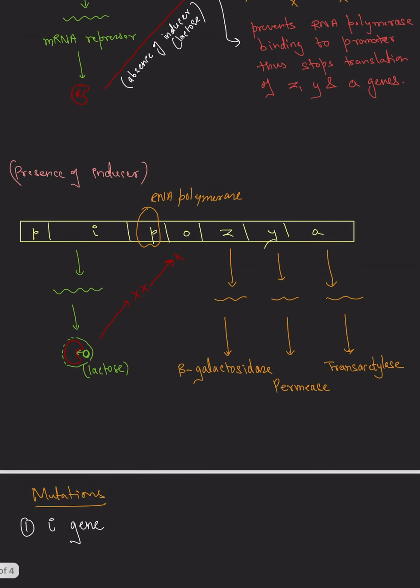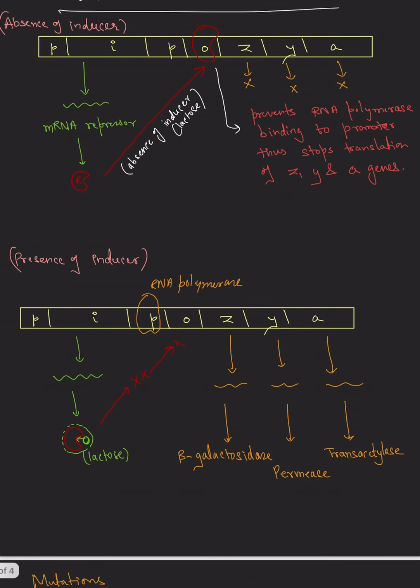But when there is lactose present in the medium, then that lactose is going to go and bind with this repressor molecule and bring about a conformational change in this repressor molecule. So the repressor will no longer be able to bind to the operator region, and this operator region is thus free.